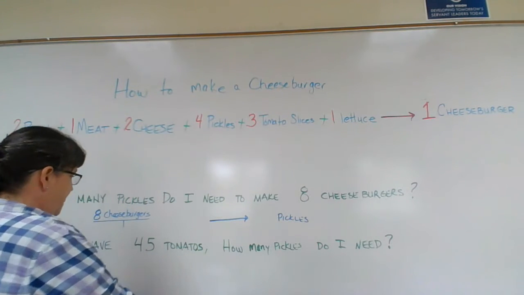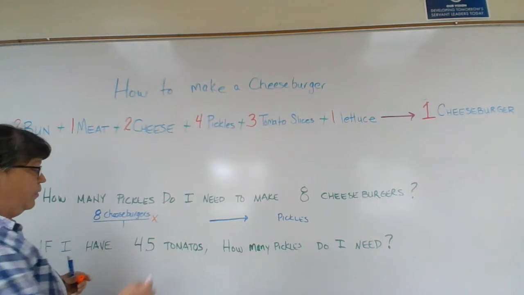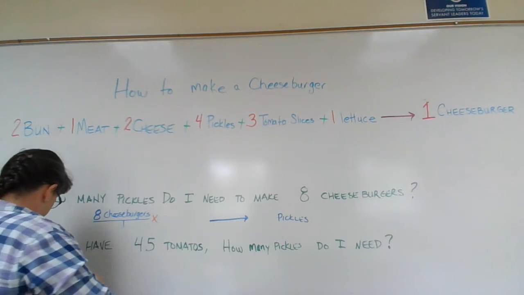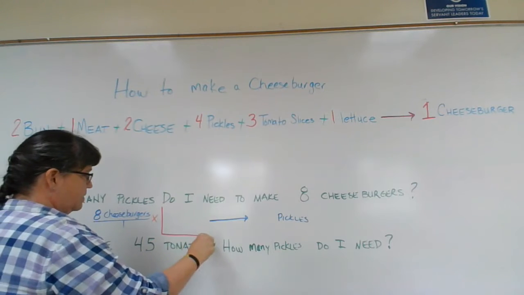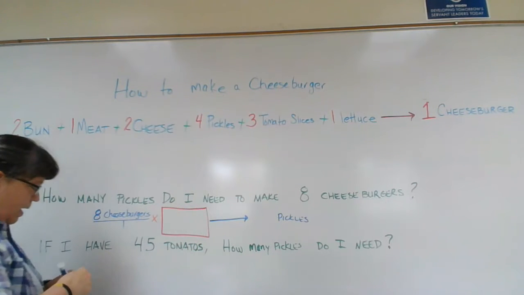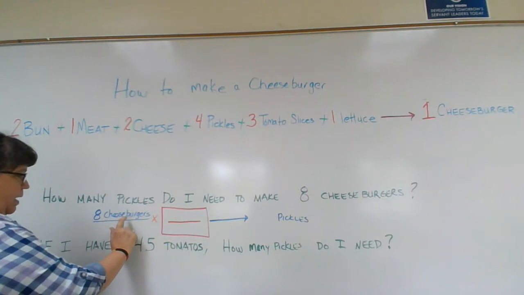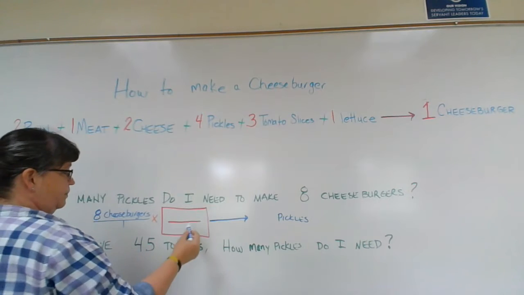So I'm going to multiply by something, and that number there that I'm putting here in this box has to come from my balanced equation. So this box has to come from my balanced equation. Make it a fraction. What I have in my numerator here is going to be in my denominator, so I can cancel it out.